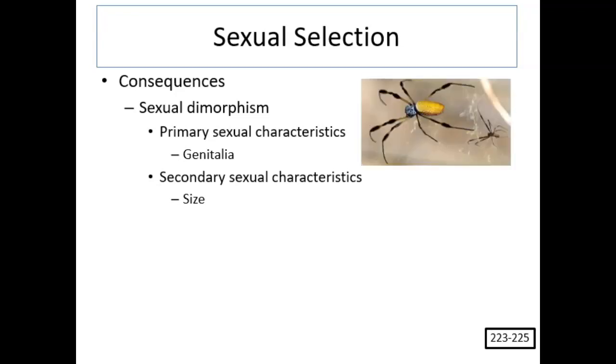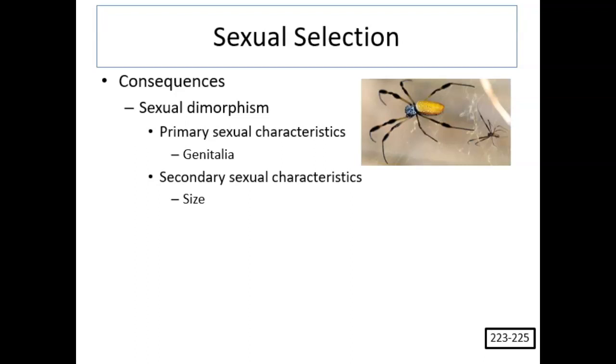In this picture, we see the female spider on the left and the male spider on the right. Females are larger. One reason might be that they have more of an investment to put in because they have to produce eggs, which are larger and require more material investment. The female also might have to be the one fighting off potential predators that are trying to eat the baby spiders or the spider eggs.